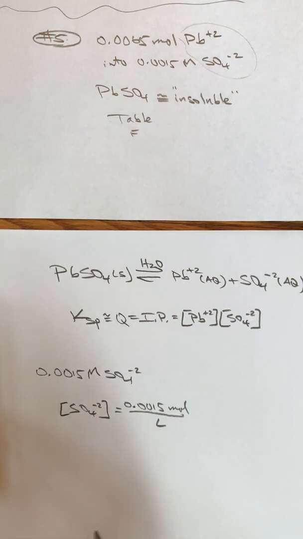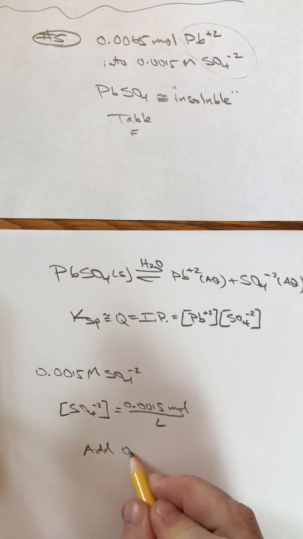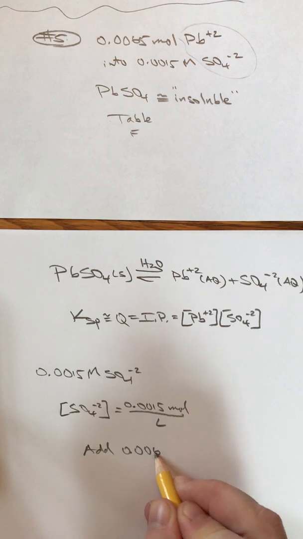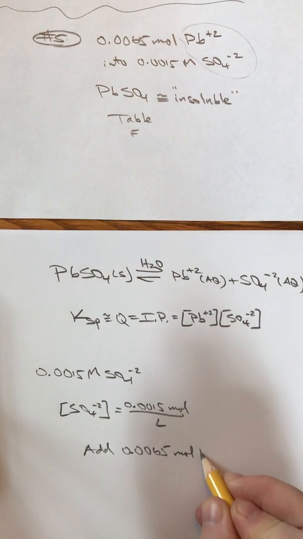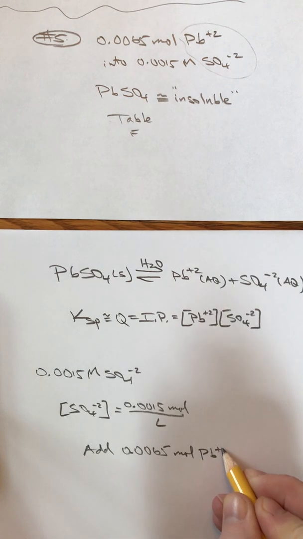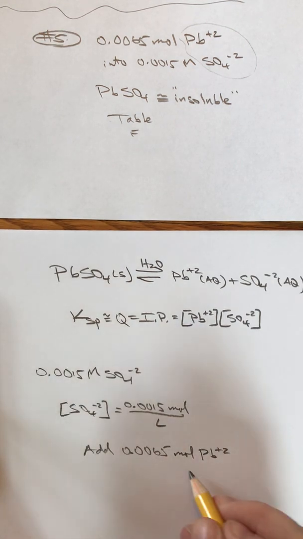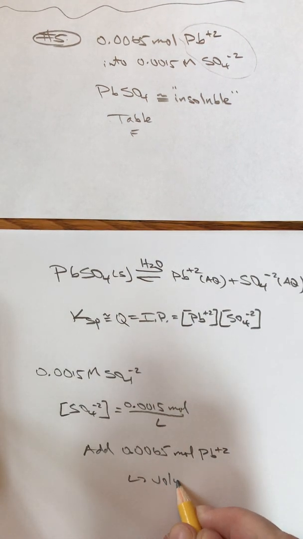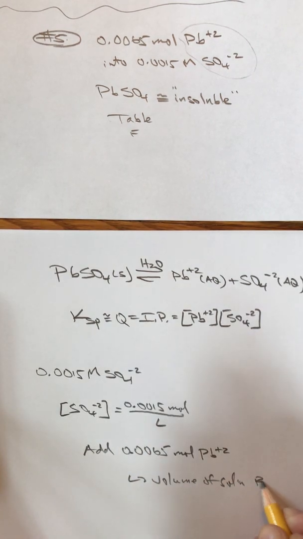And when you add 0.0065 moles of Pb plus 2, maybe they had a solid PbNO3 taken twice or something like that, the volume of solution doesn't change.